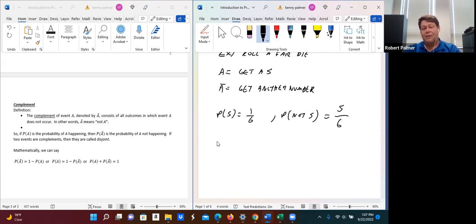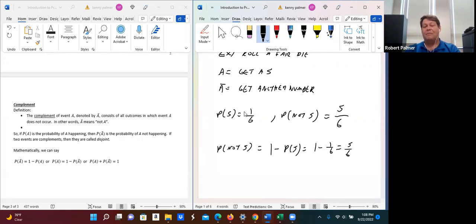So we can see from these relationships that the probability of not a 5 is 1 minus the probability of a 5, which is 1 minus 1/6, which is 5/6. Okay, because essentially this is everything that's left.